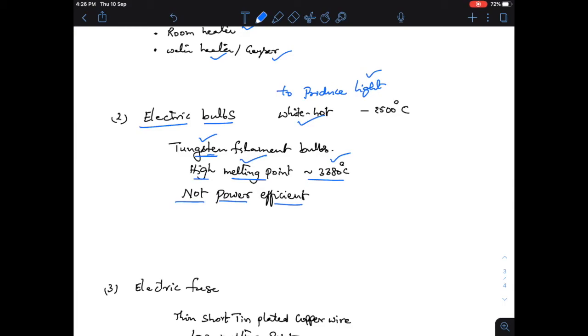Most of the electrical energy is consumed by these filament bulbs, and the bulb becomes very hot, and only small amount of the electric power is utilized to convert into light. Therefore, the filament bulbs are not power efficient. So we usually use LEDs or tube lights, and most often we use LED lights these days which have no filaments.